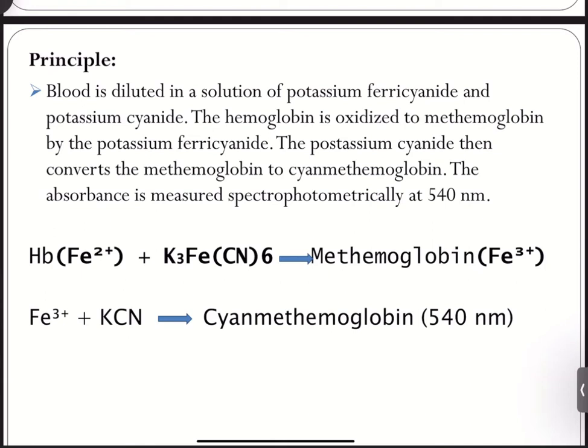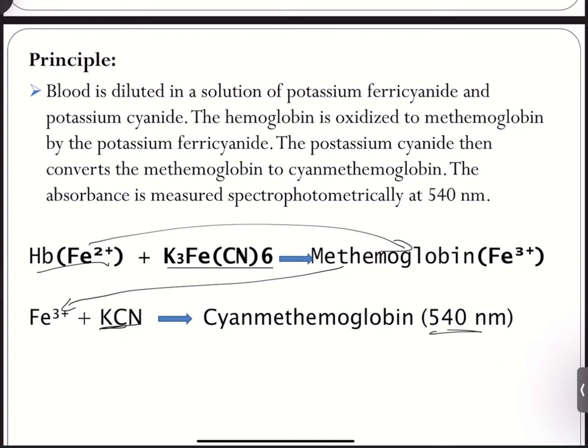Only there can cyanmethemoglobin be read. Okay, this is the formula below. Your hemoglobin is combined with potassium ferricyanide to convert it to methemoglobin. Then your methemoglobin is added with potassium cyanide, thus converting it to cyanmethemoglobin, which is measured at the set nanometer wavelength. Okay?